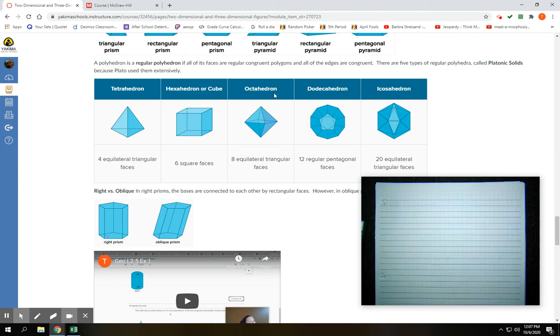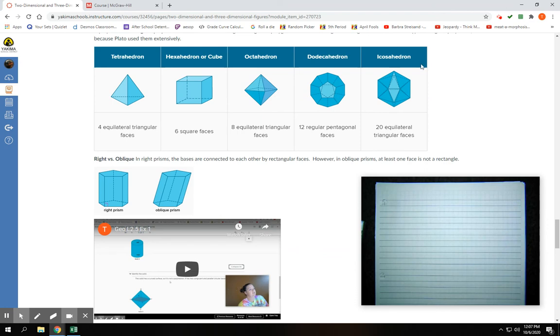An octahedron. It's got equilateral triangle faces, right? I believe there are some games that use dice like this. I also always thought it looked kind of like a spinning top. A dodecahedron is 12 regular pentagonal faces, and an icosahedron is 20 equilateral triangular faces.